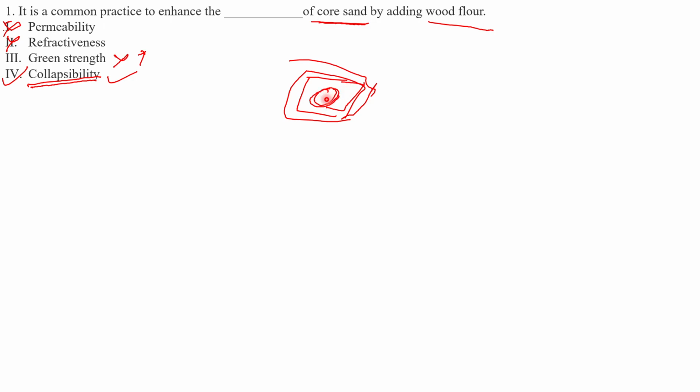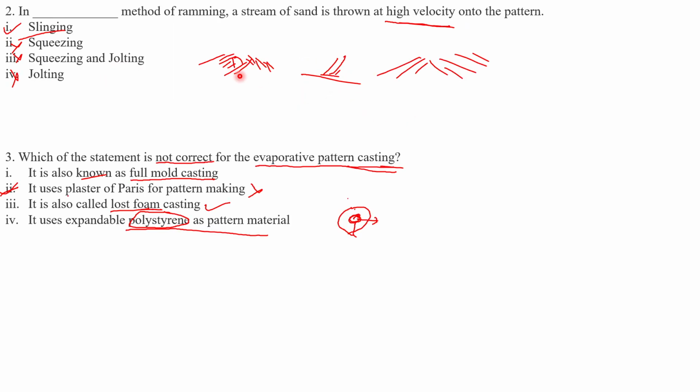Making this core, we use some core sand, and to provide collapsibility to this core sand, we use wood flour, because after casting we have to remove this core. It has to be easier to collapse.